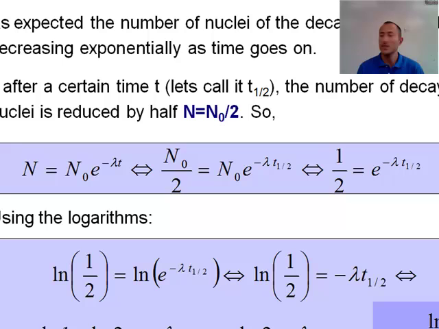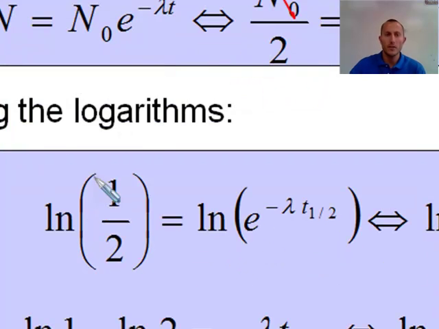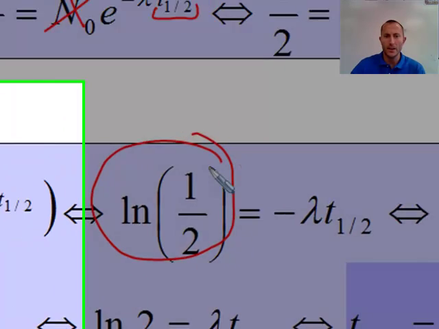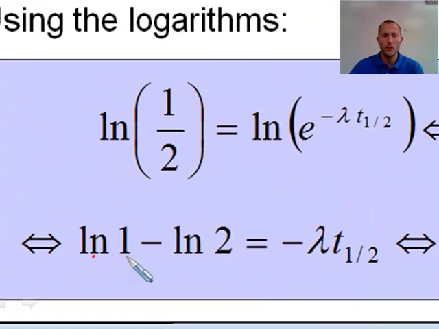And again, noticing here that we've incorporated t sub 1/2, so that's going to be our time. Now we can cross out and we get 1/2 equals e to the negative lambda t sub 1/2. If we use logs, we take the natural log of both sides, we end up with the natural log of 1/2 is equal to negative lambda t sub 1/2. We can then expand this component to natural log 1 minus natural log 2 equals negative lambda t sub 1/2.